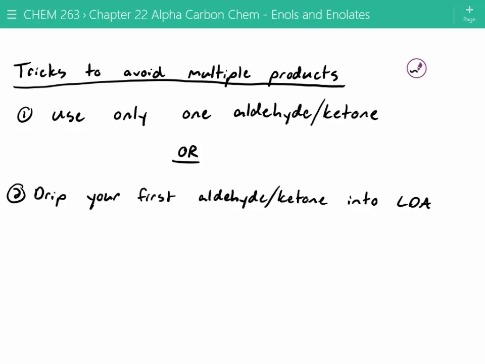Okay, and why do we use LDA? Because it's ginormous and it's a crazy strong base, right? So we're dropping our aldehyde or ketone into a really, really strong base rather than hydroxide. What will this do? This will cause all of your aldehyde or ketone to become an enolate. There won't be an equilibrium if you're using a crazy strong base.